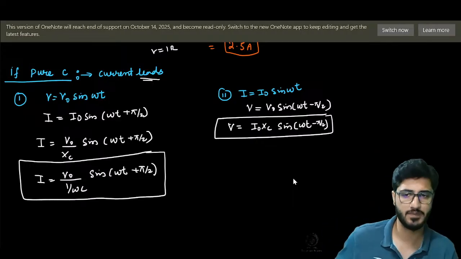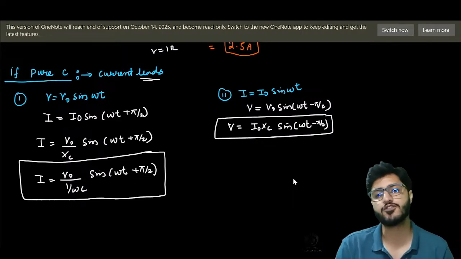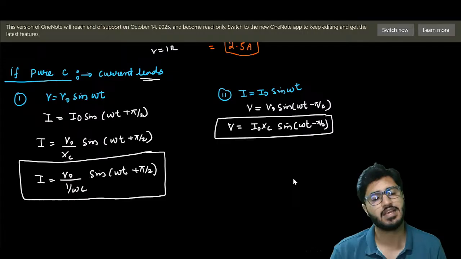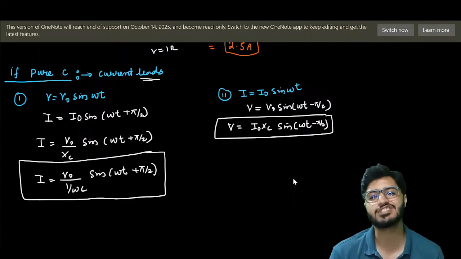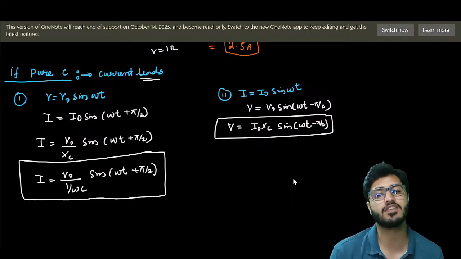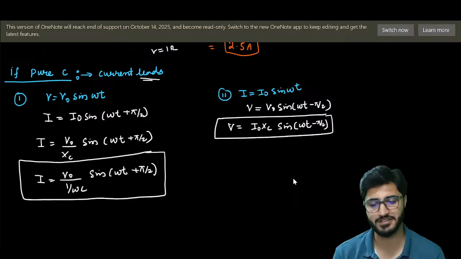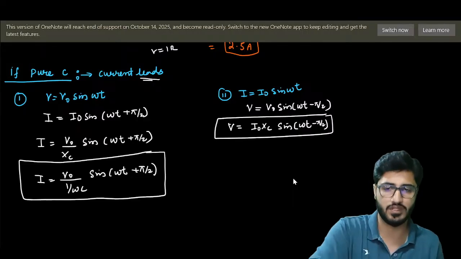The purpose of showing these two equations is that if my current equation is given in any of R, C or L, we can write the V equation. If the V equation is given, I can get my I equation.